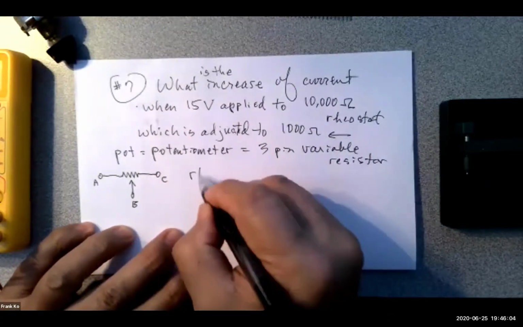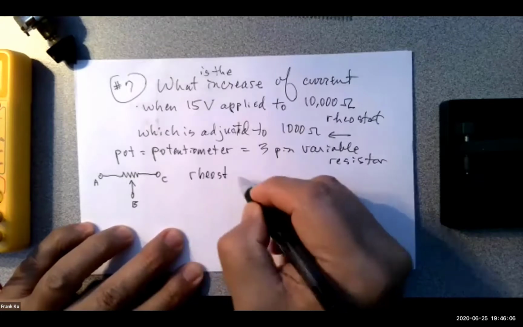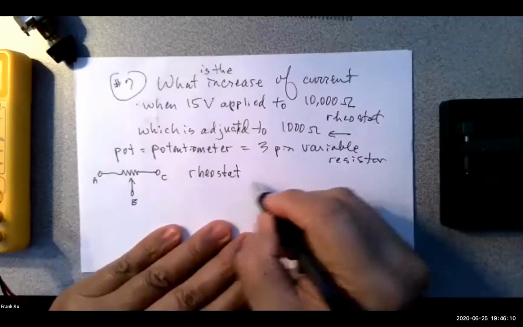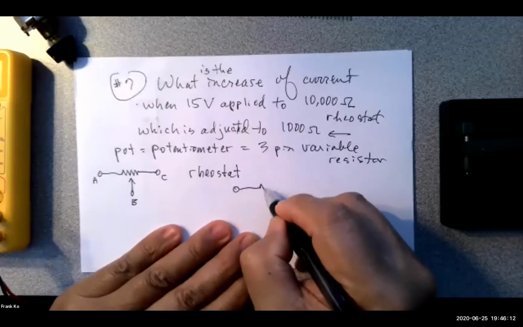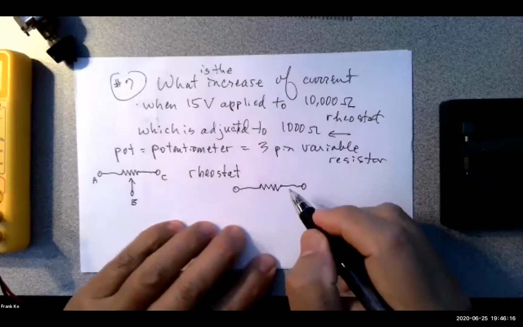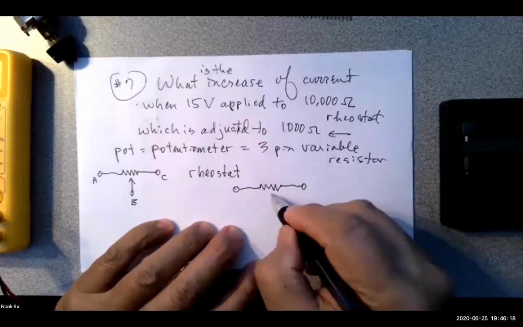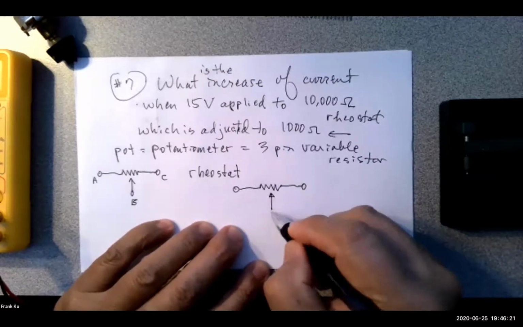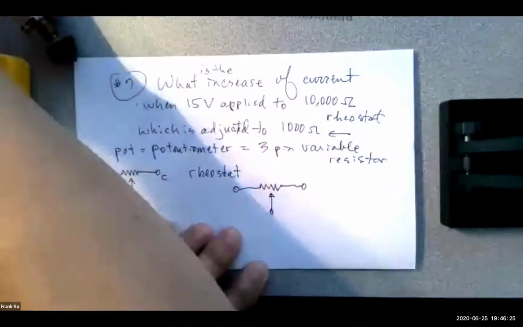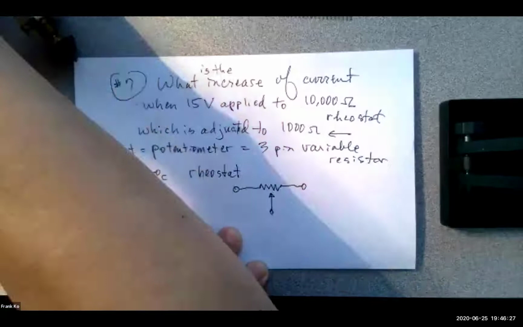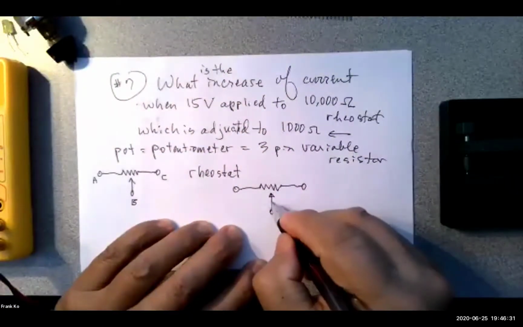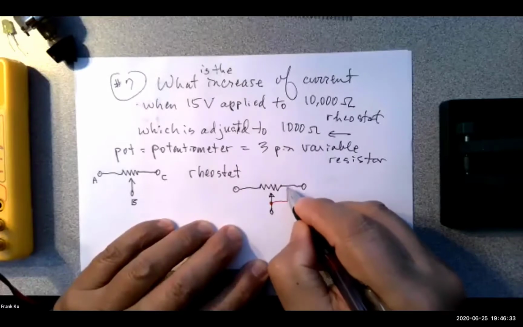A rheostat is this. A rheostat can be drawn a couple of ways. So far it looks like a potentiometer, yeah? But what I'm going to do is short this wire, the wire from here to here.